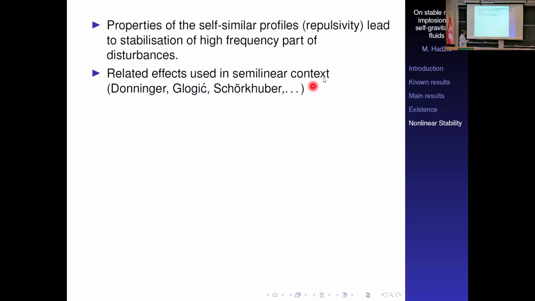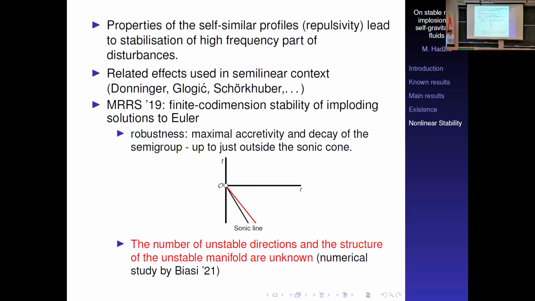But like I said, in semi-linear context, the problems we are dealing with are quasi-linear, so you have to worry about the location of the background cone. To reiterate this point, the strategy of these four authors is quite robust, and it relies on ideas of so-called maximal accretivity and understanding the properties of this semi-group, which is associated with the linearized problem.